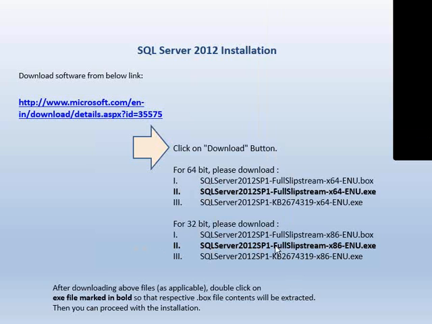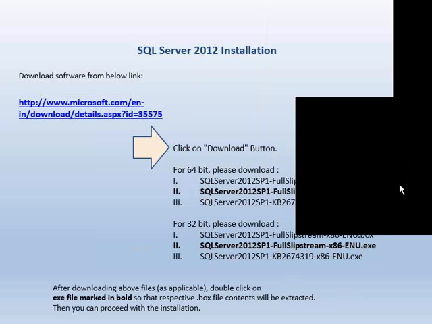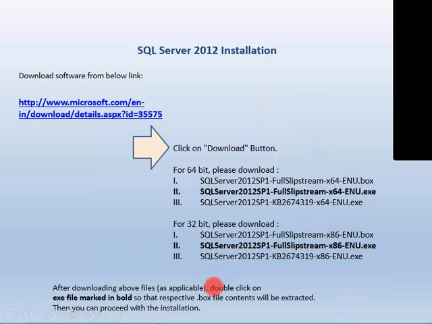The file marked in bold, the full slipstream exe file, you simply double click, so that the box file contents will be extracted automatically.